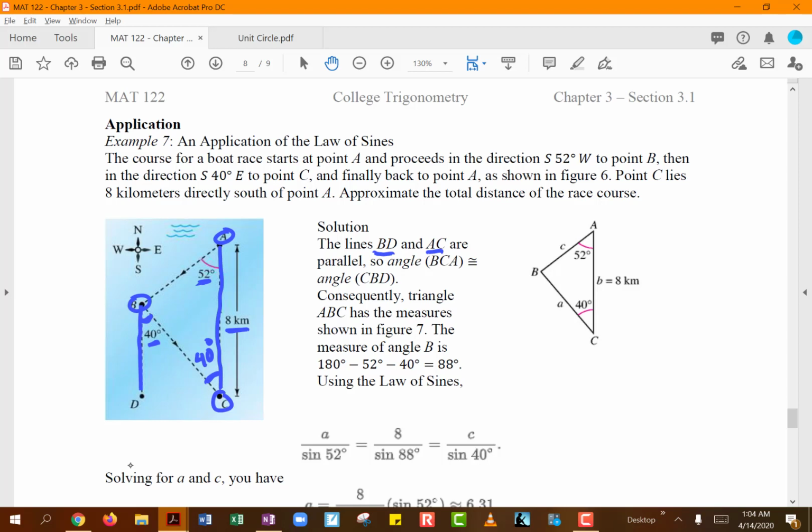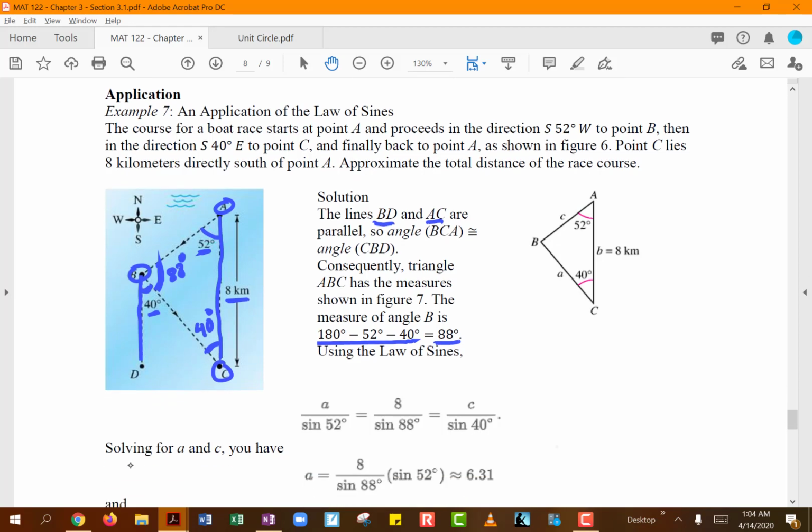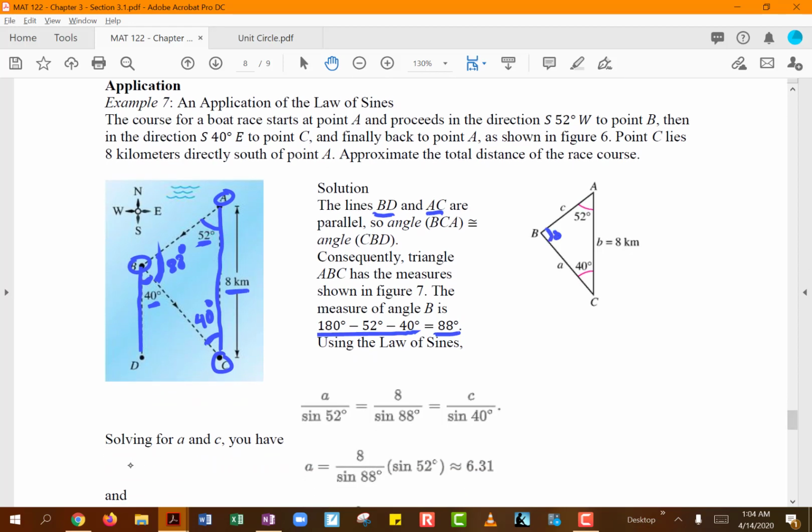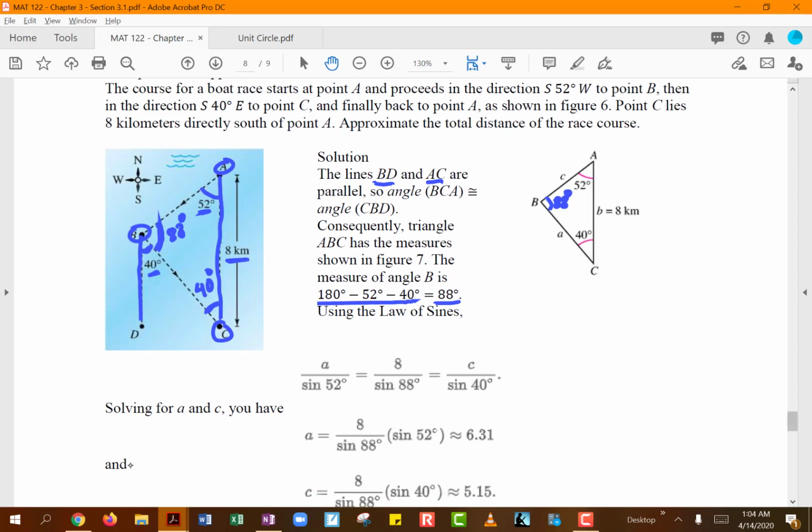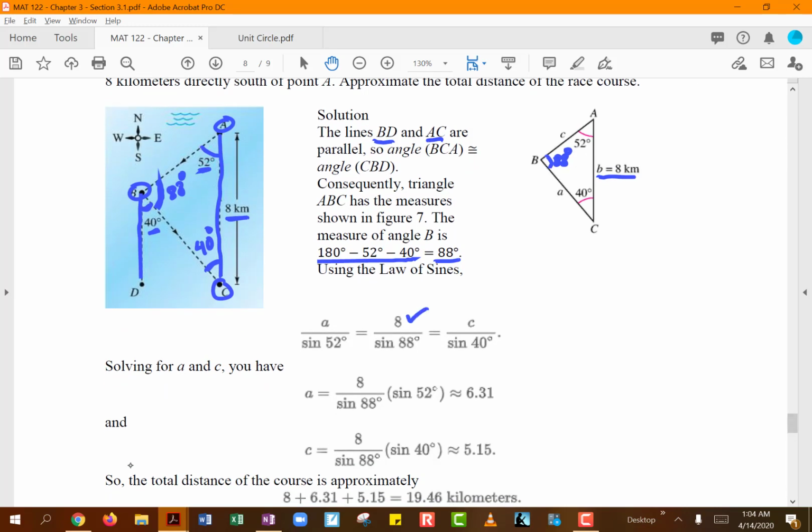Now if this angle is 40 degrees and this angle here is 52 degrees, then you can find this angle inside our triangle. That's going to be 180 minus 52 minus 40, which will end up giving you 88 degrees right over here. So basically this is your 88-degree angle. Now that we know the distance A to C is 8 kilometers, you can think of that as being side B, which is 8 kilometers right here.